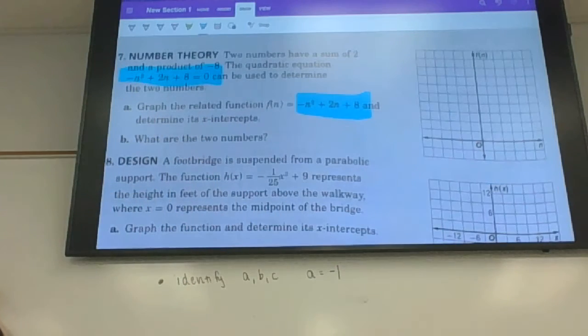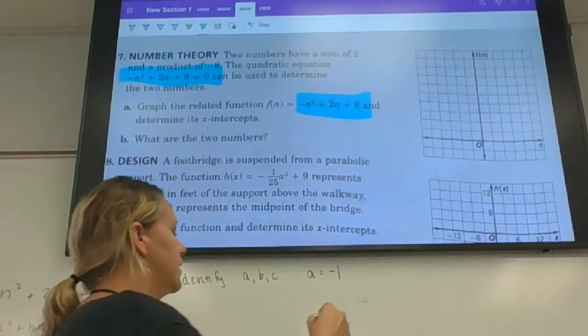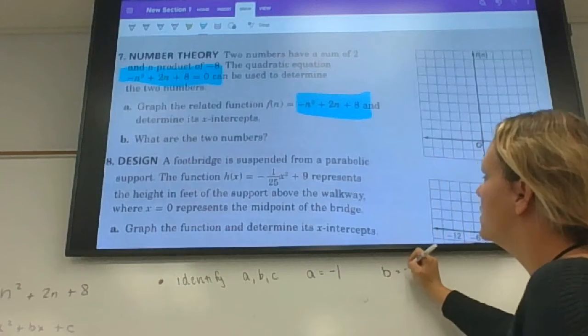Here's the equation that we're doing: -n squared + 2n + 8. So B is 2. Congratulations, you did the easiest part of the equation.